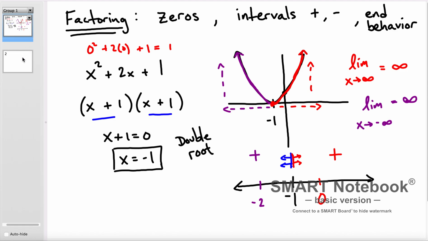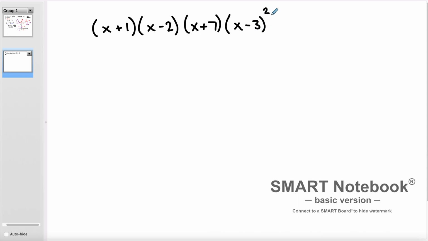Let's just look at a polynomial that's already been factored, and I'll just come up with this on the spot, right? This represents some polynomial. Okay. In this case, we know it's a degree 1, 2, 3, 4, 5, degree 5 polynomial.